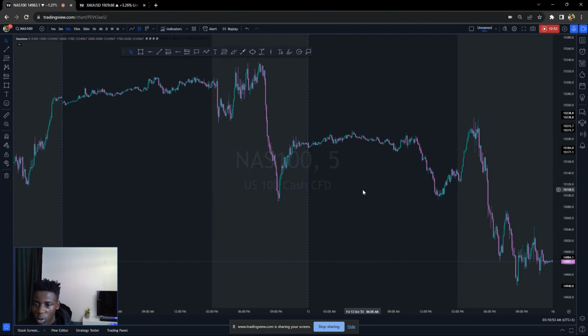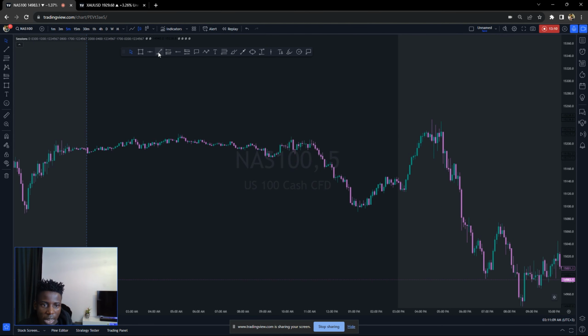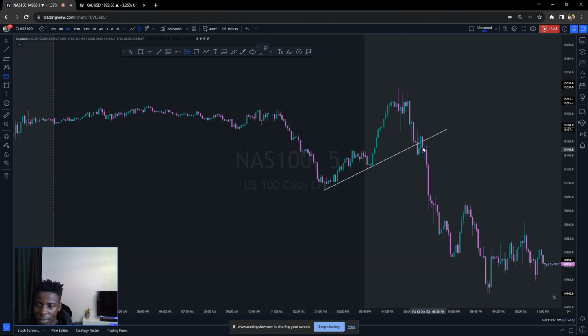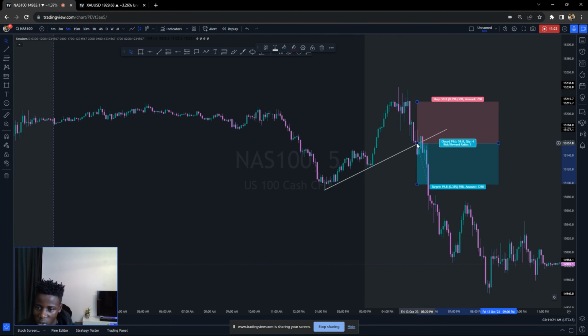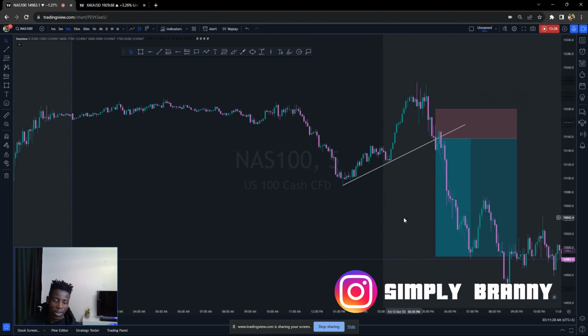I want you to take a look, and this is the open, and you draw your trend line here, whereby you wait for the third touch after the candlestick closing below this trend line. You go in for your sell setup, and boom, you make some good money. You can see.